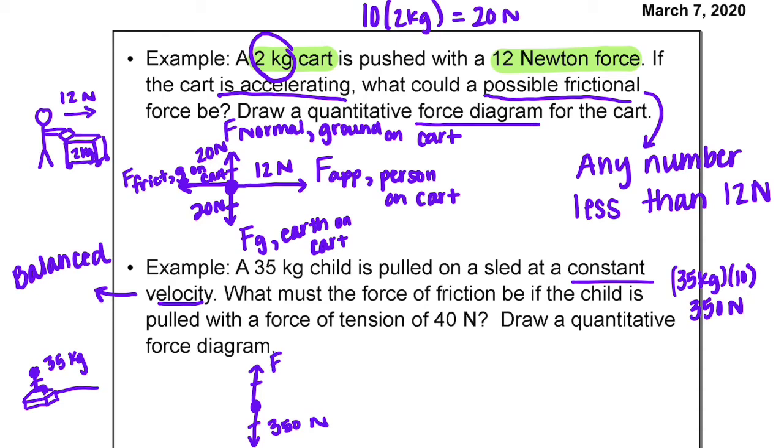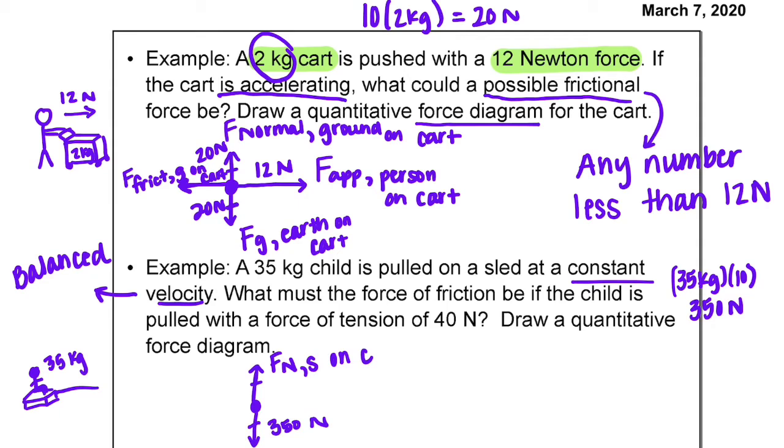Actually, is it coming from the ground? Is the child touching the ground now that I think about it? No, he's not. He's actually touching the sled. He's sitting in the sled. So the sled is a surface, so I can still call this a normal force, but it's not the ground on the child, it's the sled on the child. So be careful when you're labeling your forces. It does matter where they're coming from.